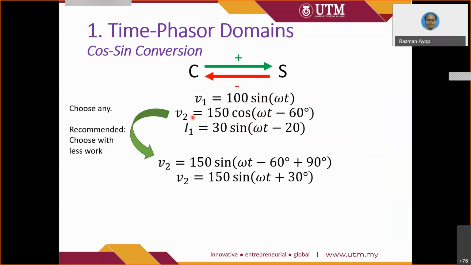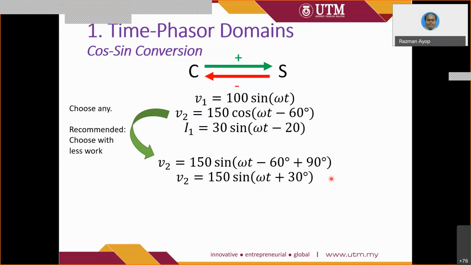You take V2 here, and V2 equals 150 sine(ωt - 60). Just copy back and then plus 90. So plus 90 means that you change from cos to sine, increasing, so plus 90 degrees. So you get positive 30 degrees.